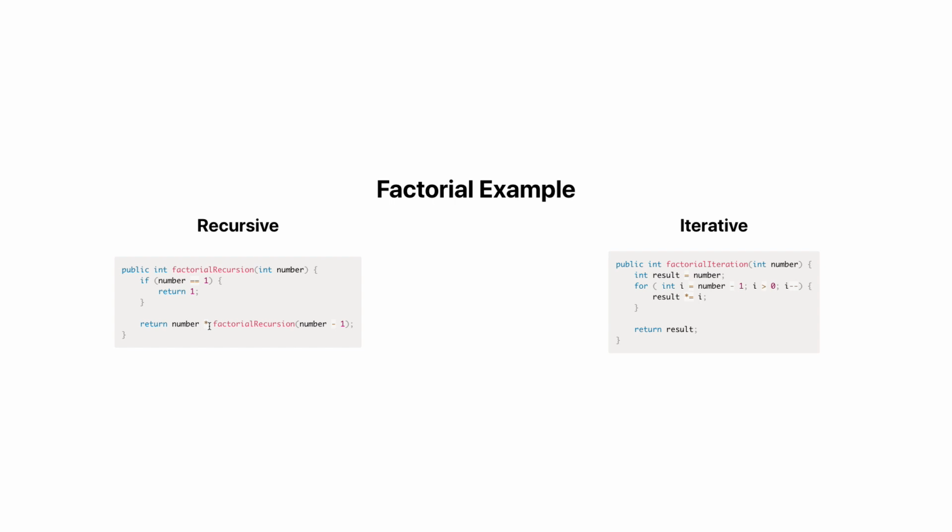Let me just draw this out. Number 3 equals 3, and then we return number 3 times number 4, which is 2.